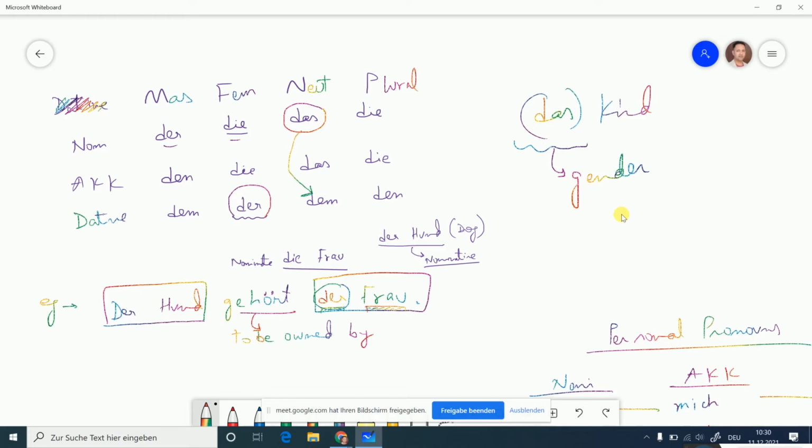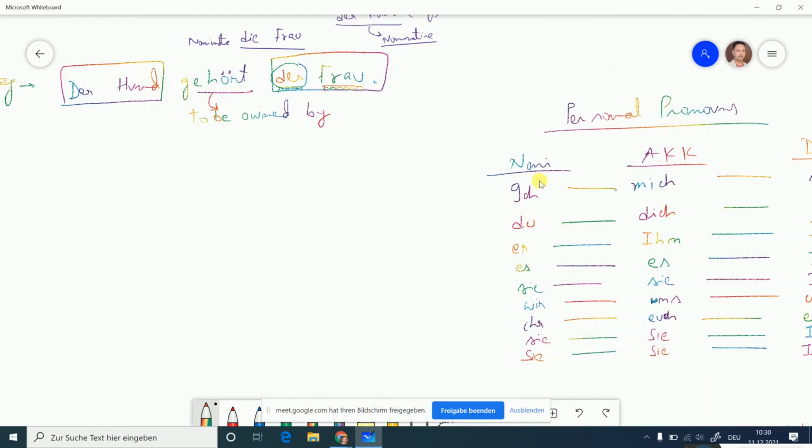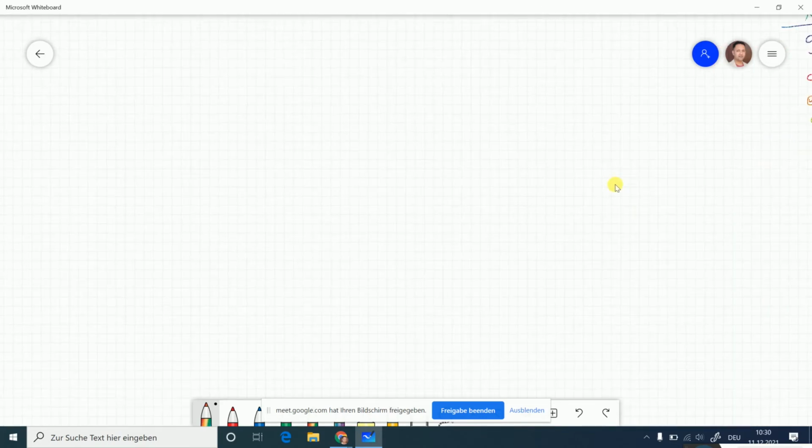You can remember all this if and only if you remember this table and the gender. Now that we are learning a little complex German, it looks a little complex right now, but later on when you are used to it, it is very easy to learn.